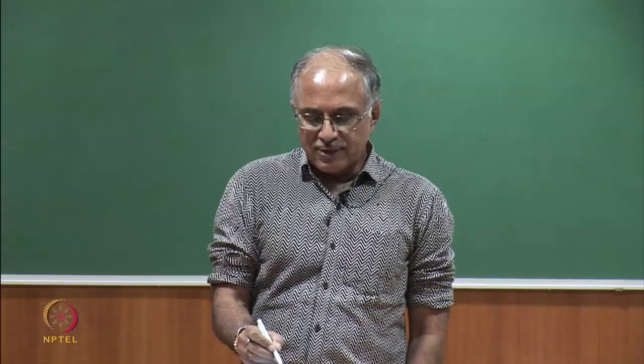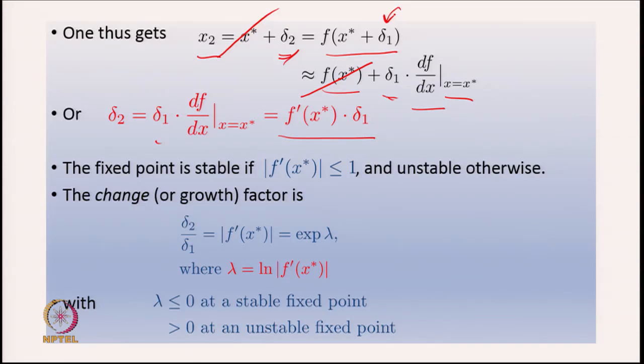So, the initial separation, which was delta 1, has become delta 2, and the change factor, it could be a growth factor or a shrinkage factor, whatever. So, the change factor is just delta 2 by delta 1, and this is simply the modulus of f prime of x star.